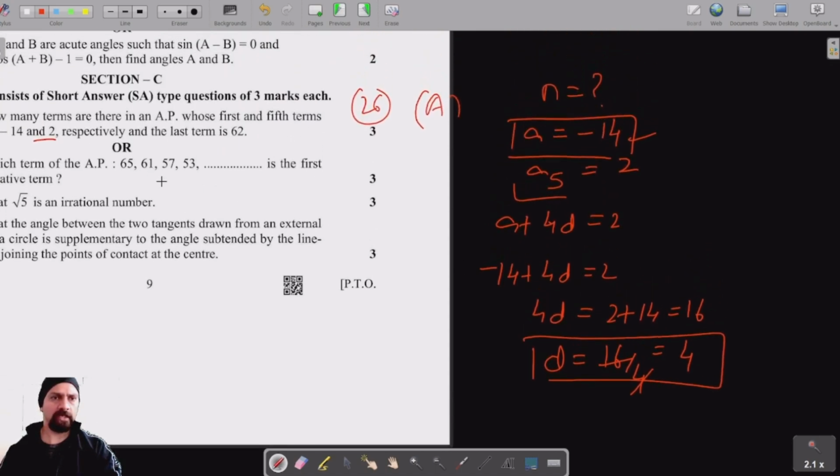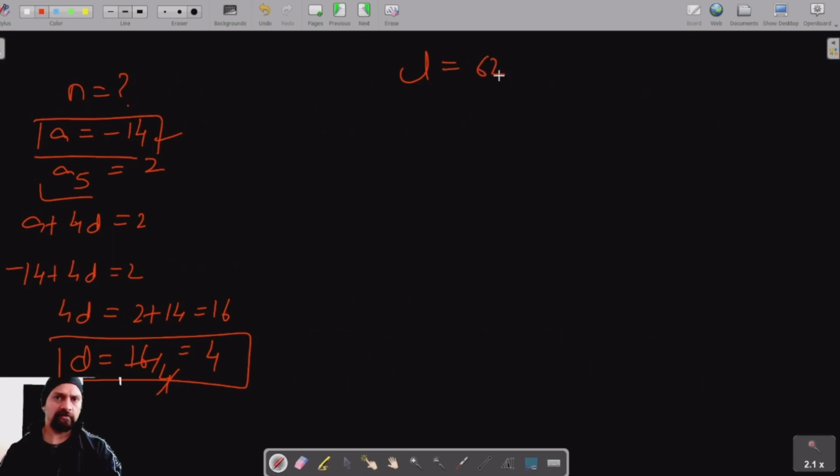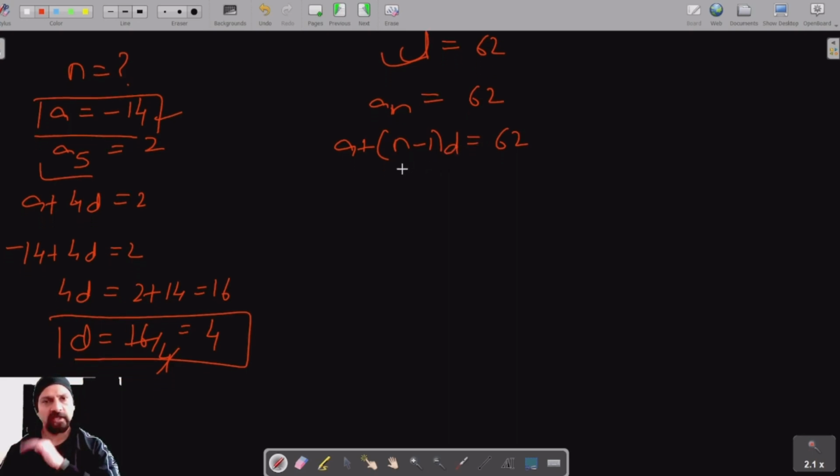Now it's given that the last term is 62. Let's consider this term as the nth term, whose number is not known. So we know that a_n is a plus (n minus 1) into d, which is equal to 62. Let's put in the value of a, which is negative 14, plus (n minus 1) into d, which is 4, equal to 62.